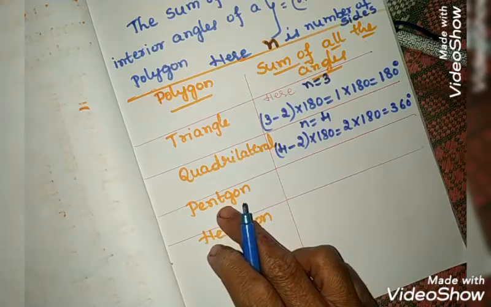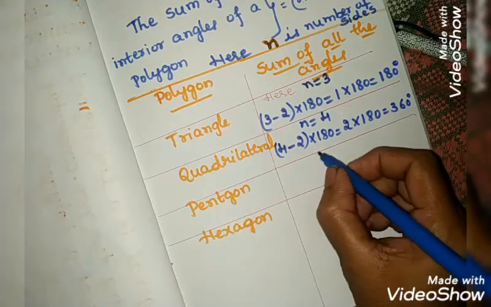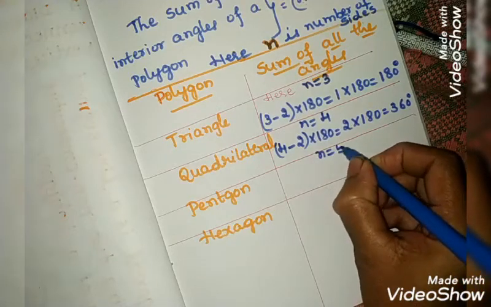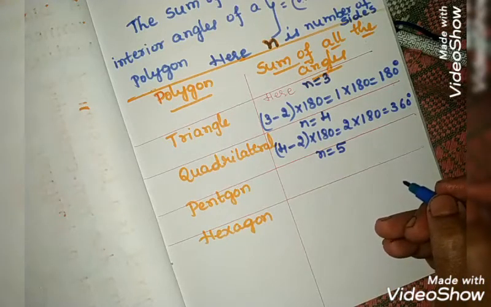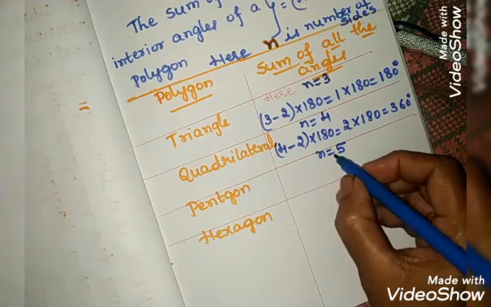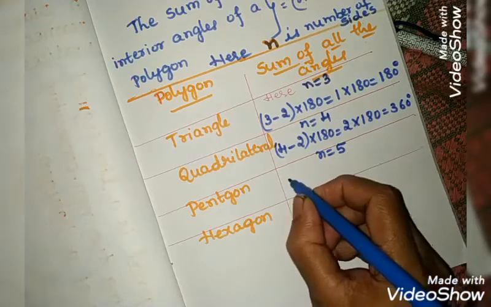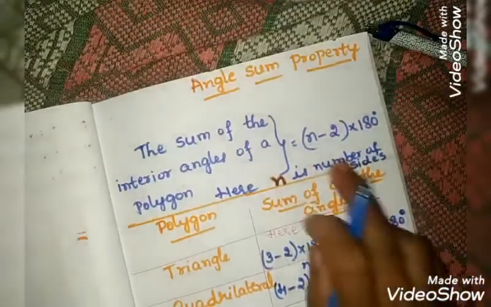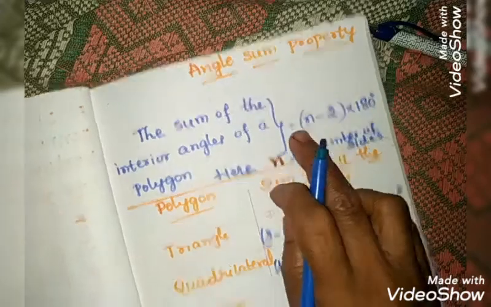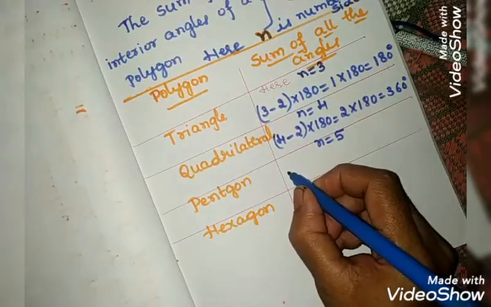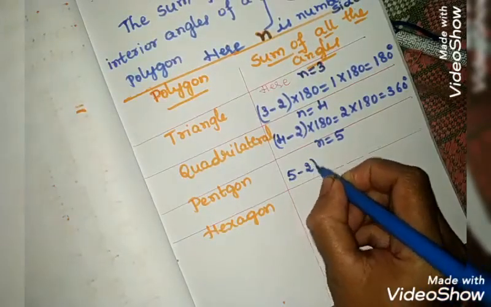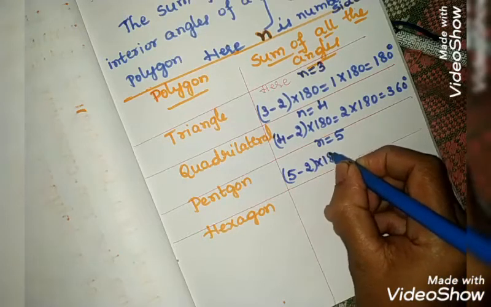Let us check that for a pentagon. Here n is equal to how much, children? In case of pentagon, we studied in the last class, any polygon having 5 sides is known as pentagon. So, n is equal to 5. How does this formula apply? n is 5, so 5 minus 2 into 180.